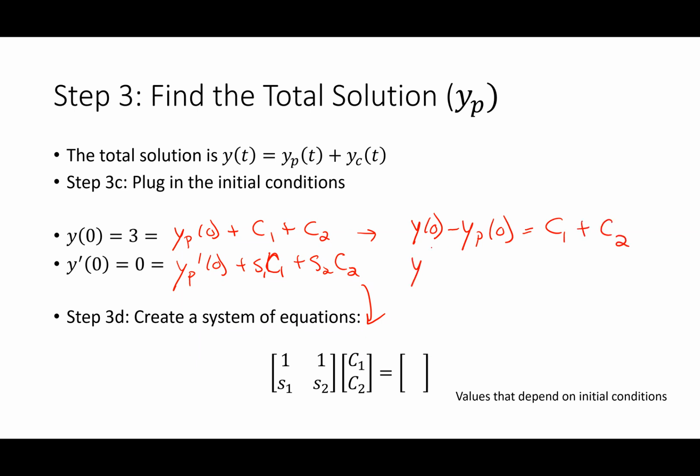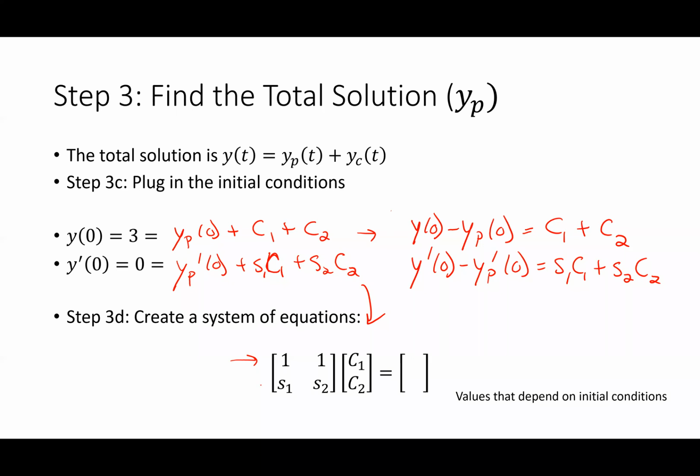And y prime of 0 minus the derivative of the particular solution at 0 equals S1 C1 plus S2 C2. Okay. So when I look at that, the top equation becomes the top row in this matrix.